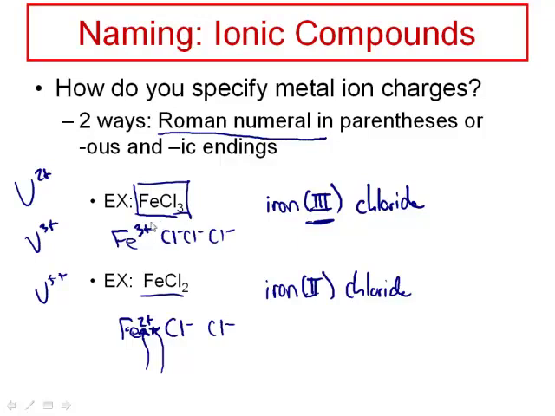If we're looking at a positive ion that can only have 2 different charge states, like iron, which can be either 2+ or 3+, I can use a different suffix to specify the high or the low charge state. In this case, I could call this ferric chloride.